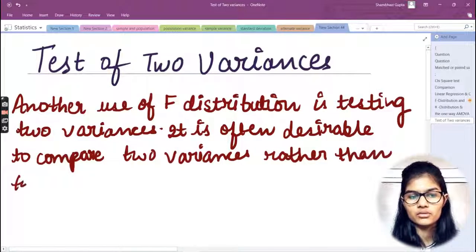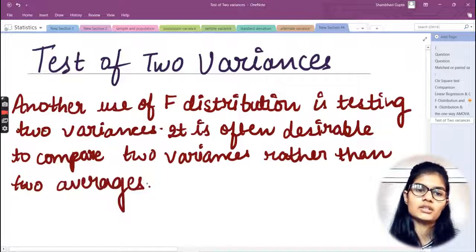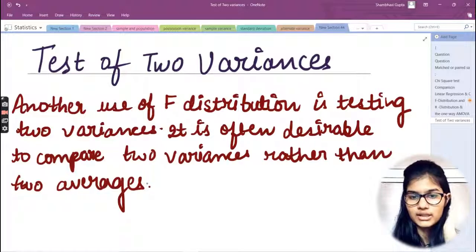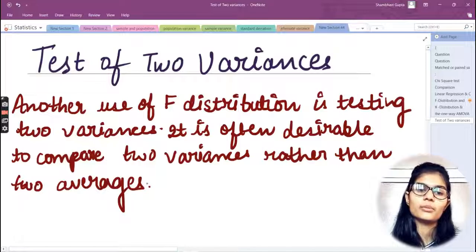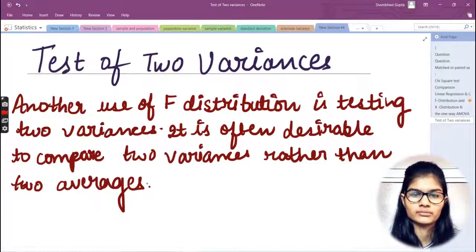So the another use of the F distribution is basically the testing of two variances. Often we want to compare two variances rather than comparing the two averages, right? Now, next what we have.